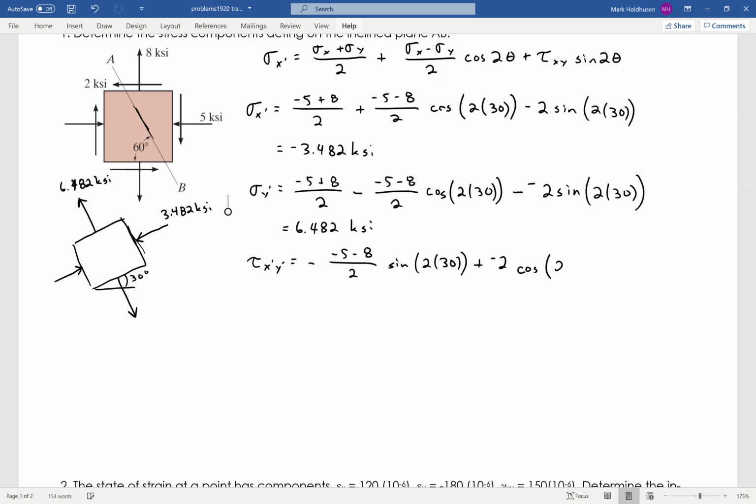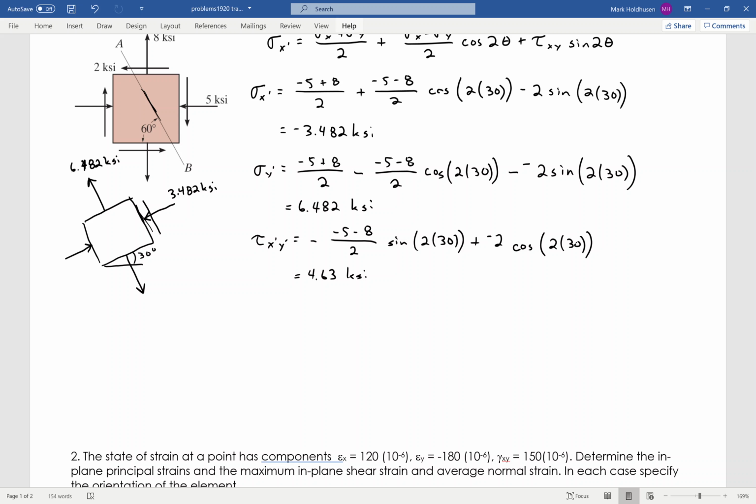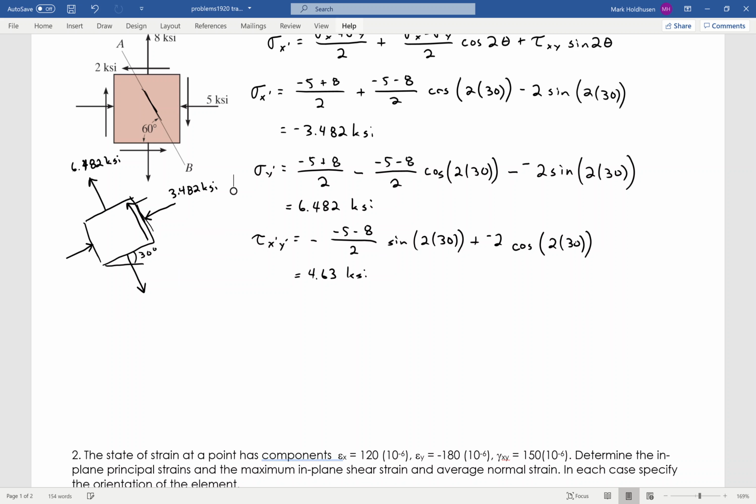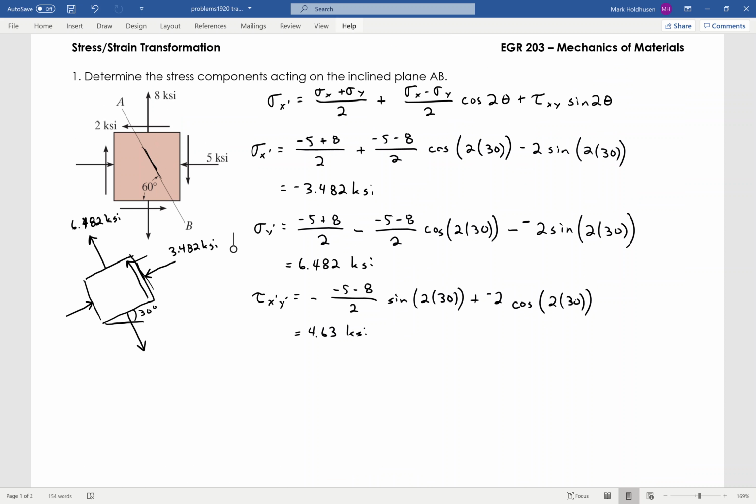And again, these equations are in your book. It's really just plugging and chugging. More importantly, figuring out what you're actually figuring out is probably the most important thing in that element. So now that is given as a positive 4.63 KSI, meaning that on the right side it's going to be up instead of down like it was.